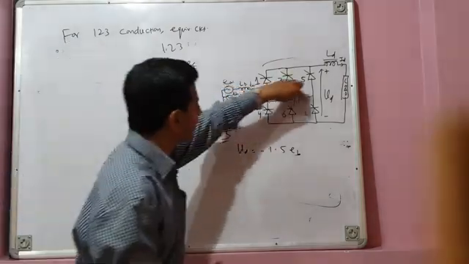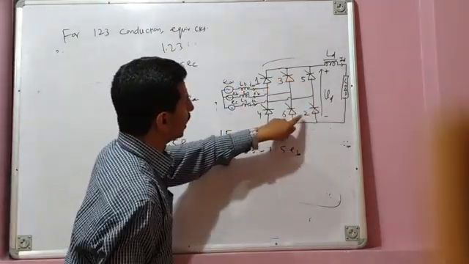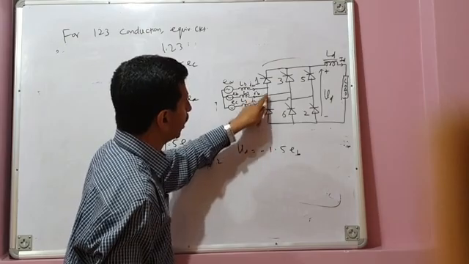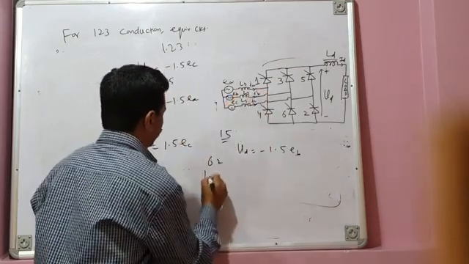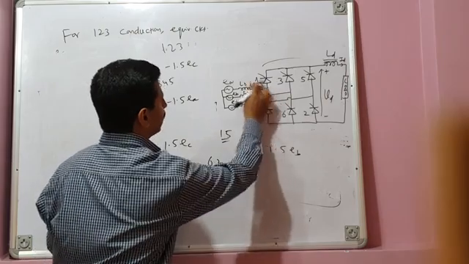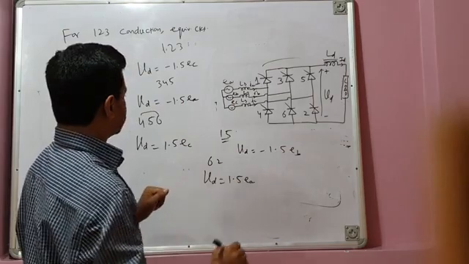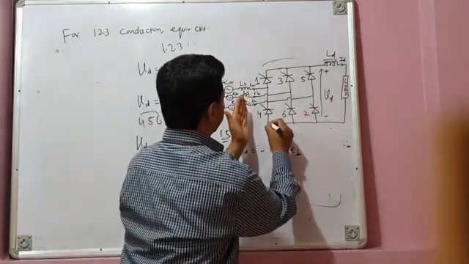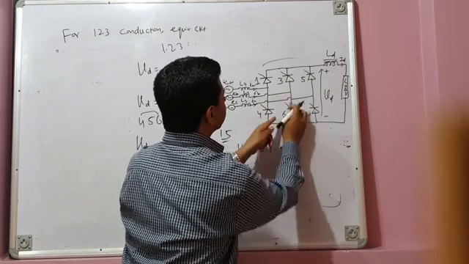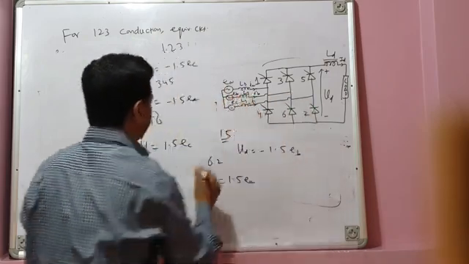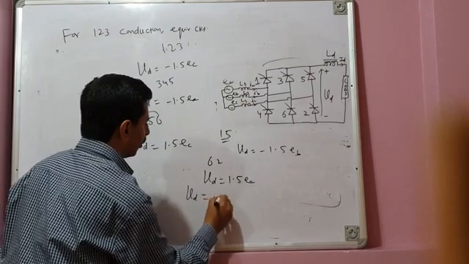And suppose 6 and 2 are conducting. Which is not conducting? 4, which is connected to EA, so your load voltage will be 1.5 times EA. Similarly, when 2 and 4 are conducting, 6 is not conducting, and it is connected to EB, so load voltage is 1.5 times EB.